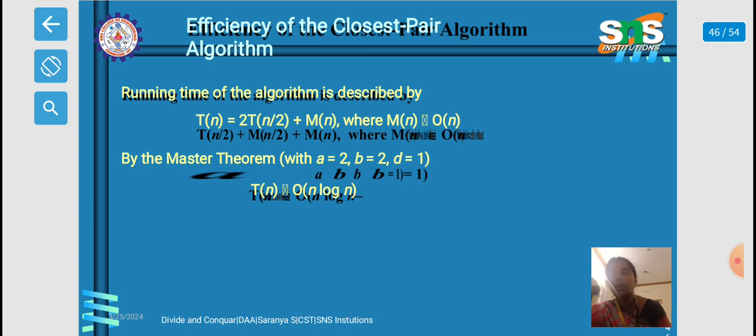We have the following recurrence for the running time of the algorithm: T(n) equals 2T(n divided by 2) plus f(n), where f(n) belongs to Theta of n. Applying the master theorem with a equal to 2, b equal to 2 and d equal to 1, we get T(n) belongs to Theta of n log n.